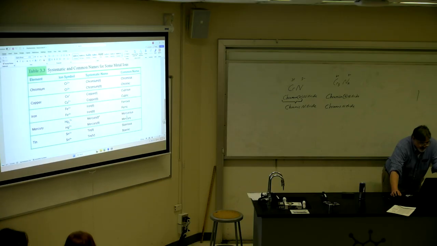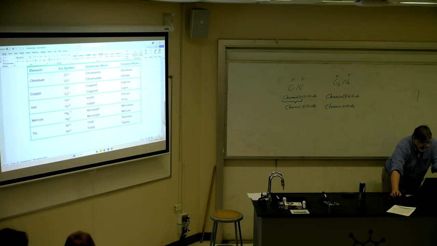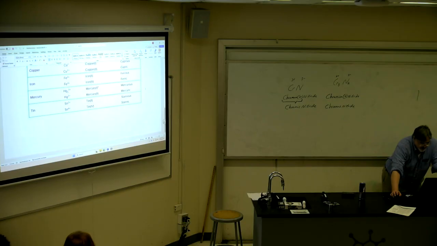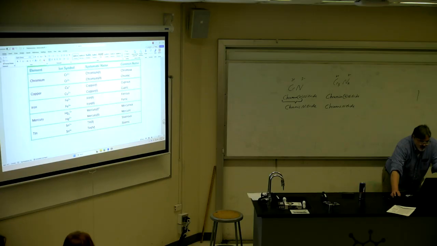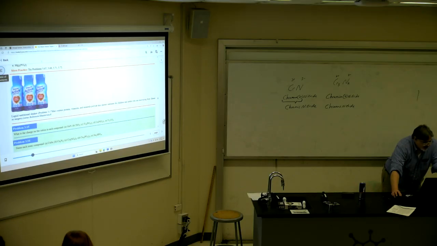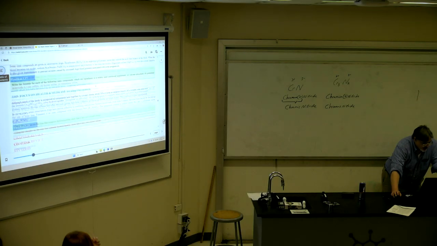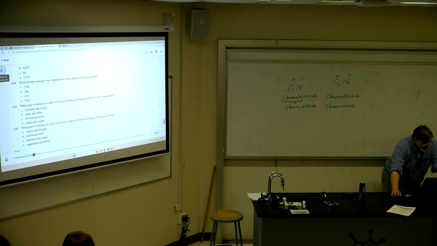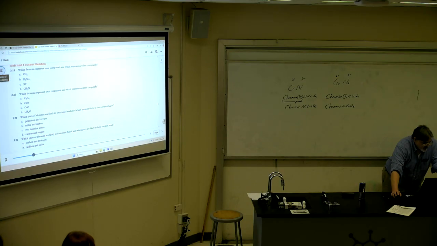So I'll give you that on the test too. I feel like this naming system is kind of antiquated, but you still see it sometimes, so it sounds very sciencey, chromic and chromous and cuprous. So just know that I'm giving you those, be able to work with them. I figure just those 2 pieces of information kind of rounds out this chapter. A bit about sizes of ions, a bit about properties of ionic compounds, and then that other weird naming system.